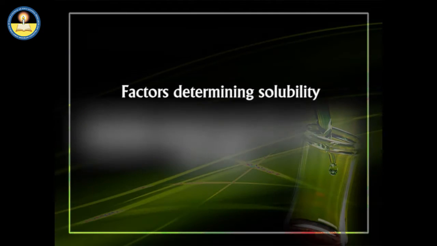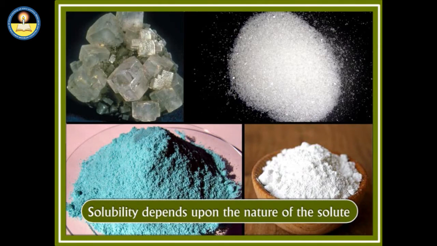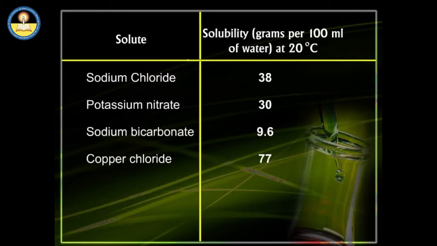We will now try to understand factors determining solubility of a solute. Solubility depends upon the nature of the solute. For example, at 20 degrees centigrade, solubility of sodium chloride is 38 grams per 100 milliliter of water.